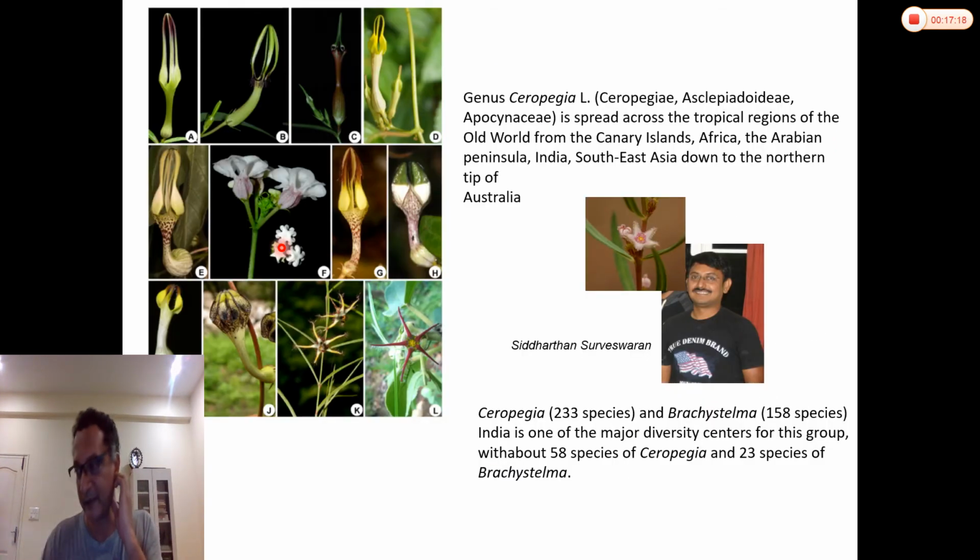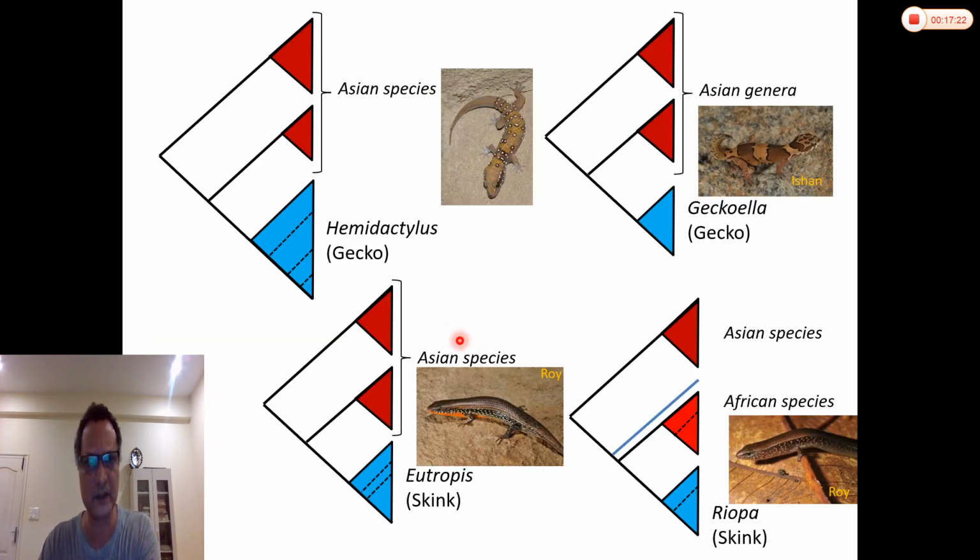Okay, we have also seen this in plants. I should just point out that a lot of this work is actually from my lab, and the gecko work was done by Ishan, but then this part of the story was already known earlier. Roy did a lot of the skink work. Rohini and Aparna did a lot of the Hemidactylus work.